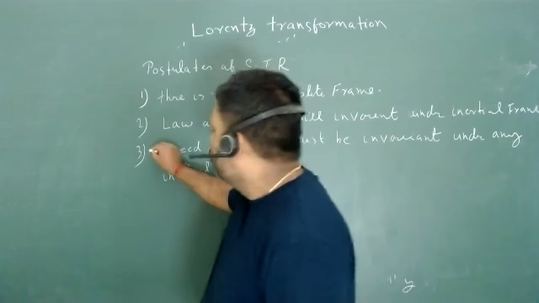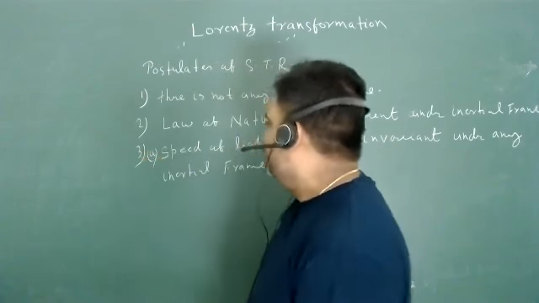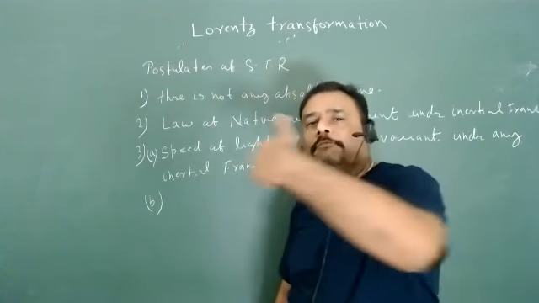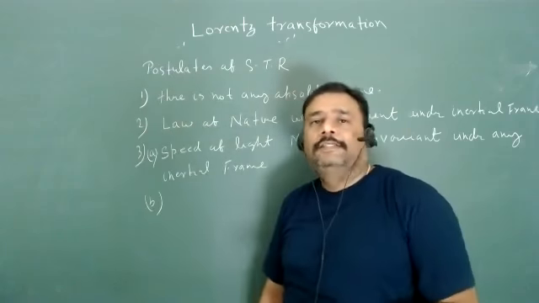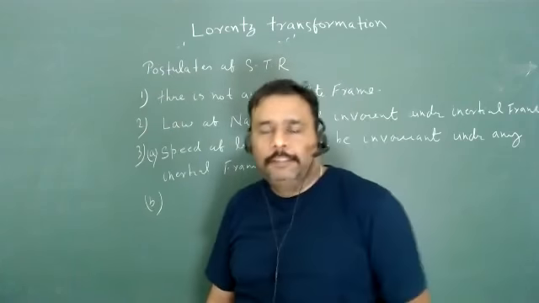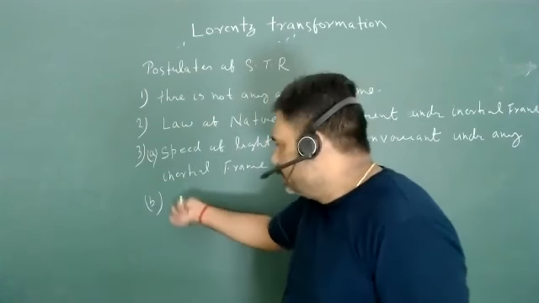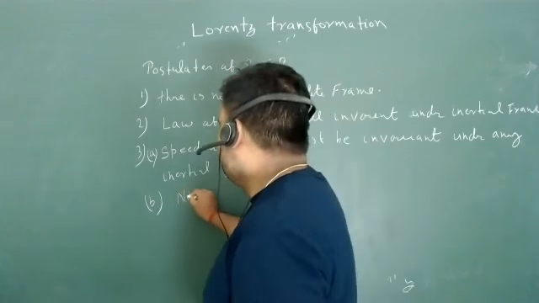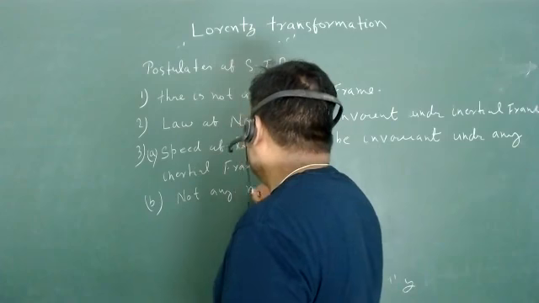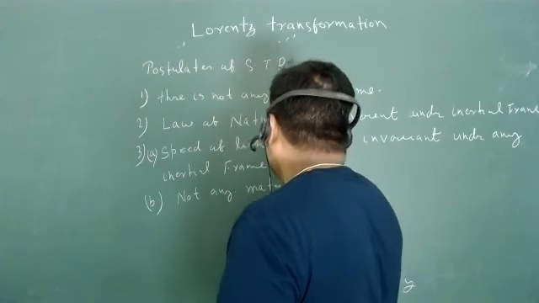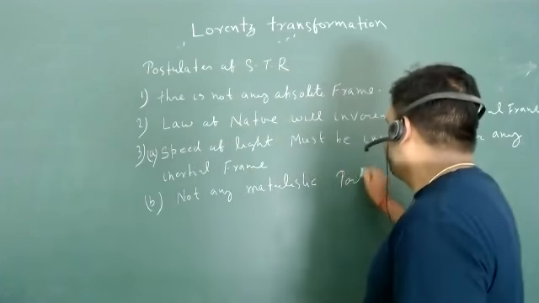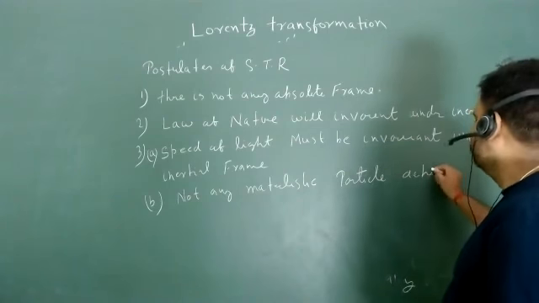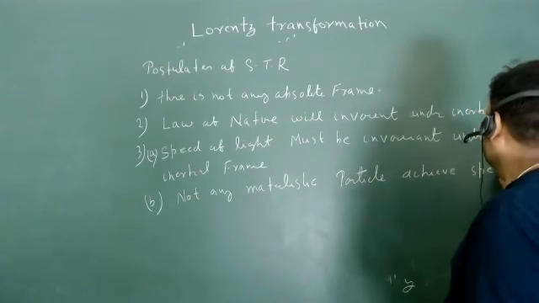I will also add one new postulate, and this is 3a. I will just tell about 3b because we have to go into things other than the Lorentz transformation, like mass-energy equivalence. Then I need this particular information: no materialistic particle can achieve the speed of light.